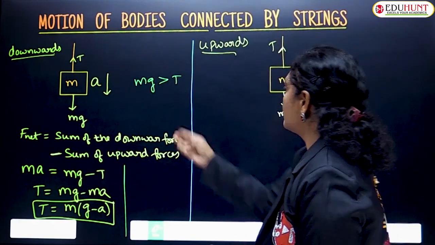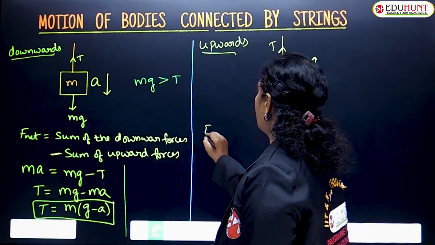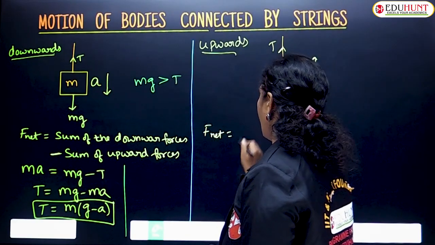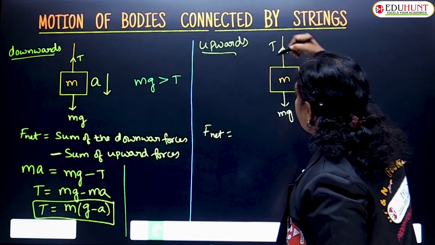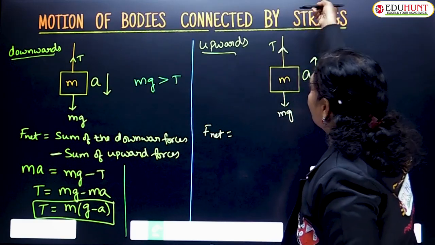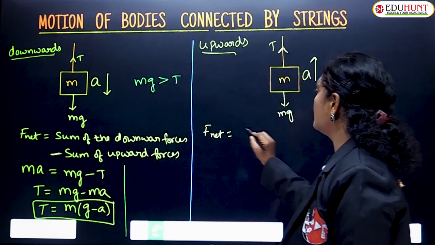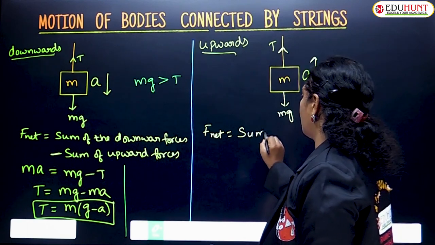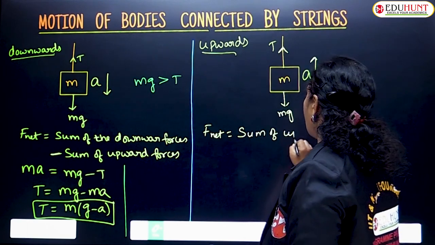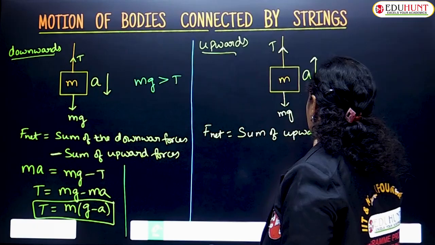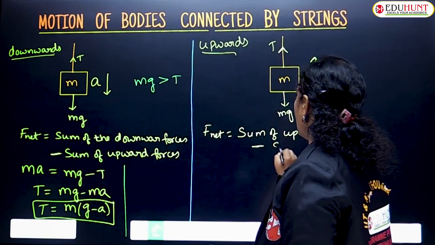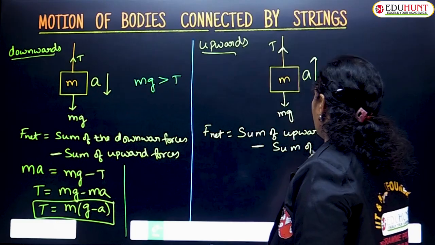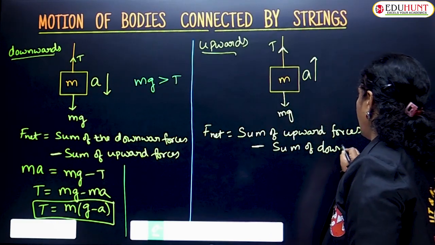That's it, children. Now the net force acting on the body can be given as a sum. Which is dominating, children? The upward force. As the body is moving up, the upward force is dominating. So the net force is equal to the sum of the upward forces minus the sum of the downward forces. This is the case.